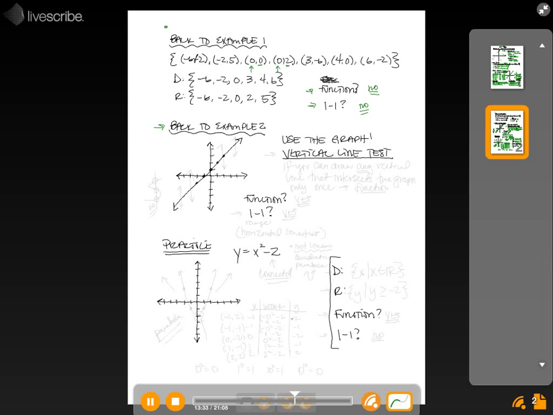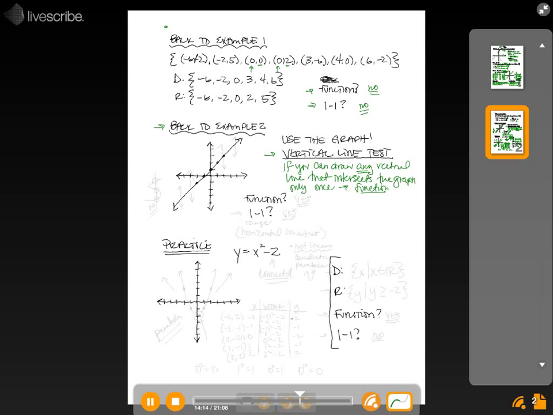This is for our graph. Now it's a little different since we had an equation. We're going to use something called the vertical line test. And what the vertical line test says is if you can draw any, and that's important, any vertical line that intersects the graph only once, then it's a function.